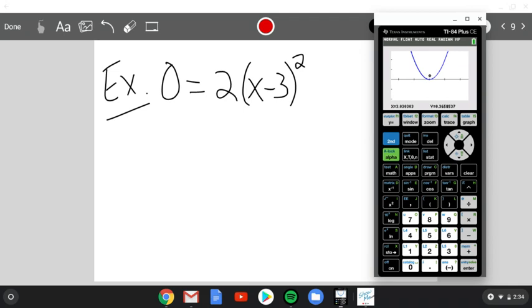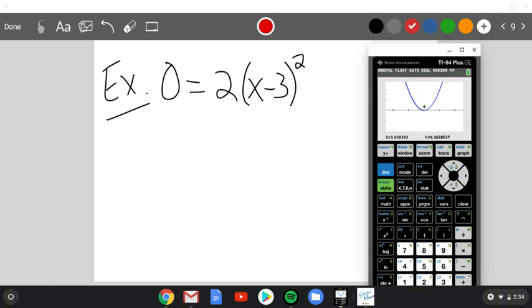But another thing you can do is use the table feature of your graphing calculator. The table feature is on the top row, the farthest right button. What I want you to remember is when you're on the x-axis, the y value is 0.